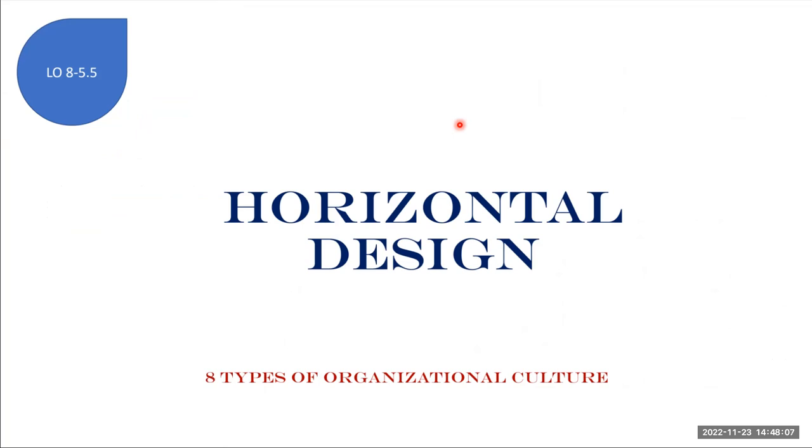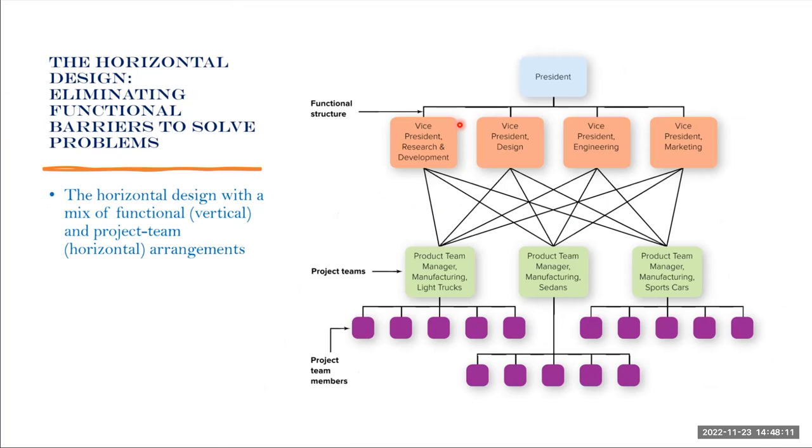Next, we look at horizontal design. In a horizontal structure, also called a team-based design, teams or work groups, either temporary or permanent, are used to improve collaboration and work on shared tasks by breaking down internal boundaries. So you see here, the vice president of R&D is going to be interacting with people working on light trucks, sedans, and sports cars. This is another vehicle manufacturer.